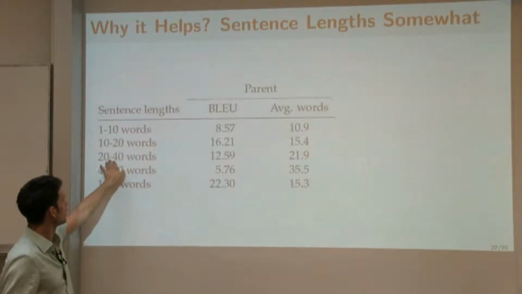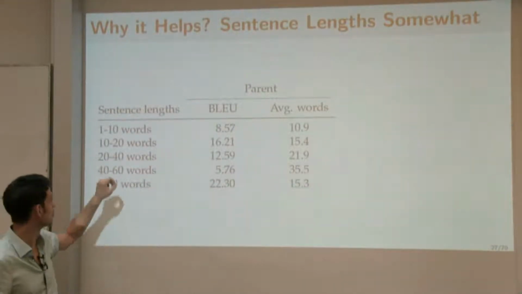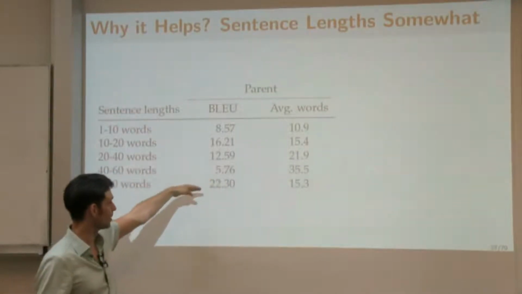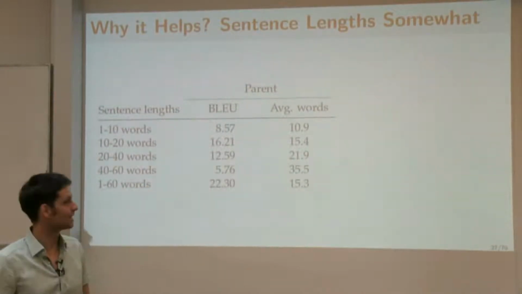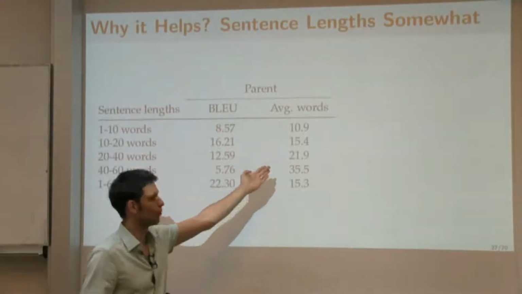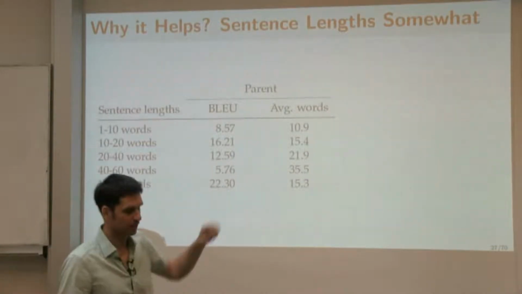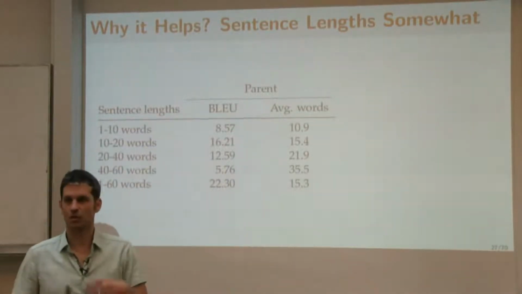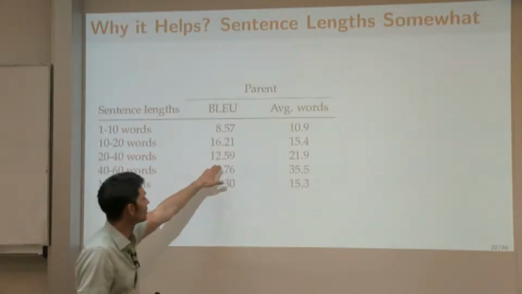If you train only on longer sentences than the average, on sentences with 20 to 40 words, then the BLEU score is also low, much lower than the baseline, because the system will produce too long outputs. Actually much longer, 5, 6, 7 words longer on average than what the best performance would do. And with these long outputs, many of these words are obviously not confirmed by the reference, so the BLEU score decreases.